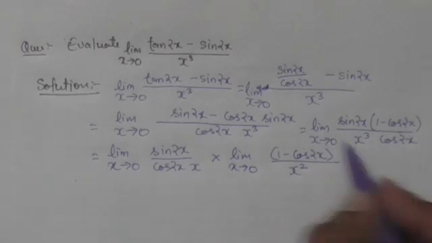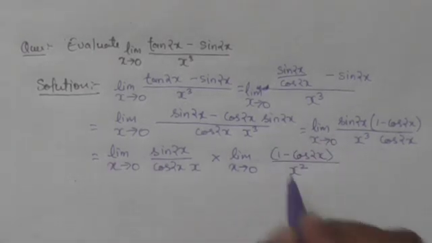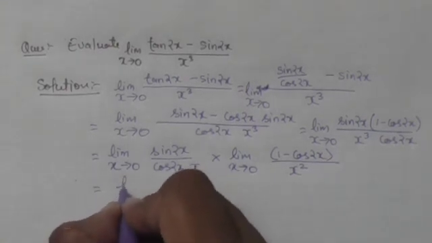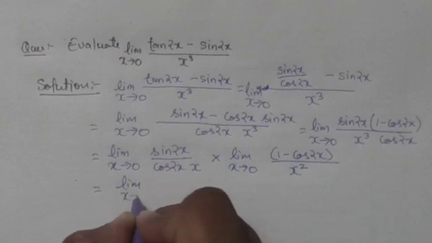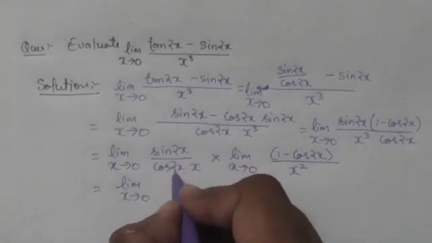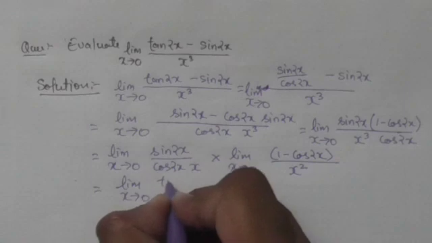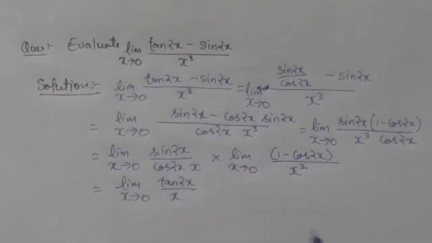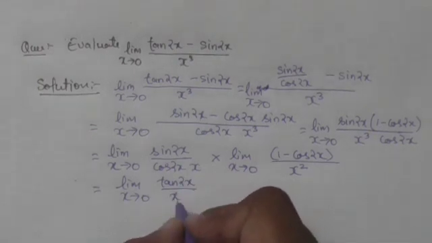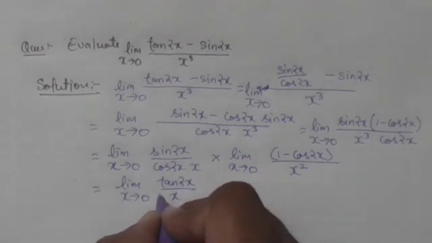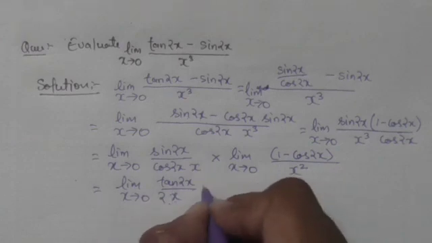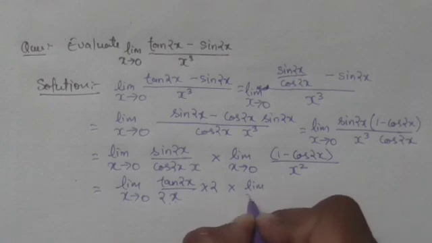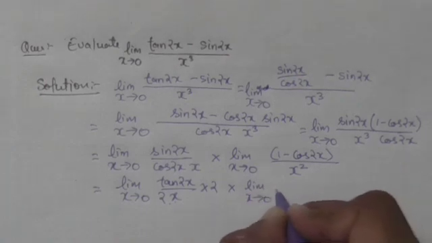Right? So we have written it like this. So it is equal to limit x tends to 0, sine 2x upon cos 2x is tan 2x. So we will write it like this, tan 2x upon x. Now we will multiply numerator and denominator both by 2. So we will get tan 2x upon 2x into 2 into limit x tends to 0.